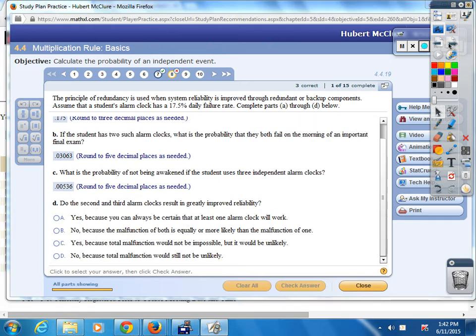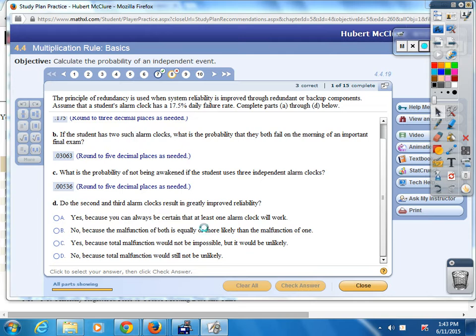Okay, stupid question time. Do the second and third alarm results greatly improve the reliability? Well, it's more than 5%, I would say. Well, I don't know if it's more. No, it's not more than 5%. It's only 3%. So what would you say if it's not greater than 5%?